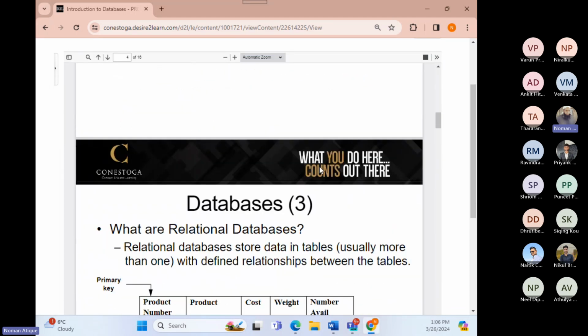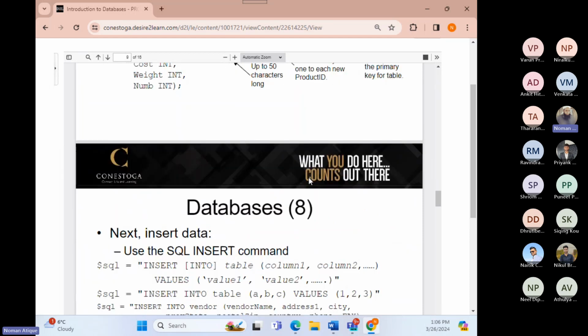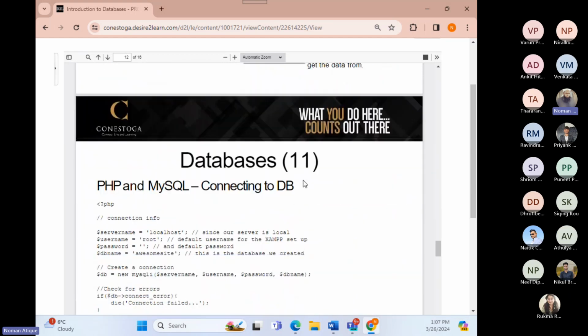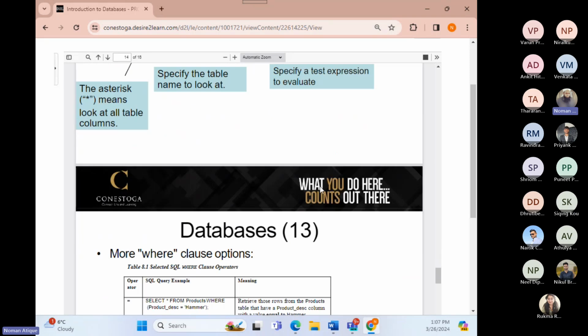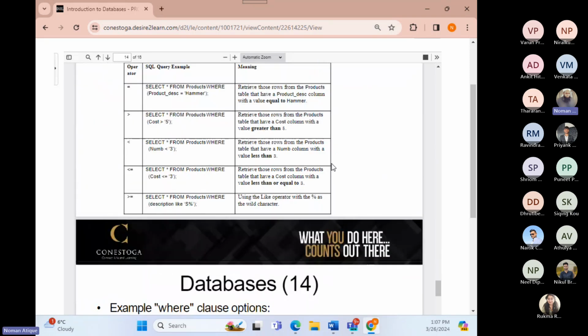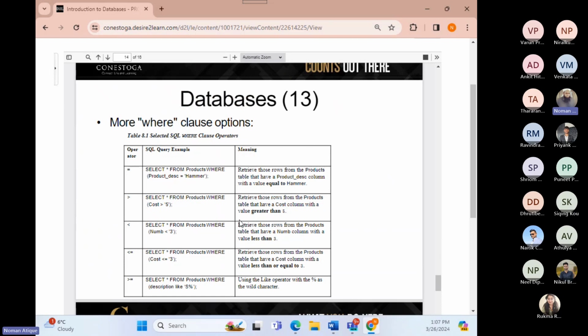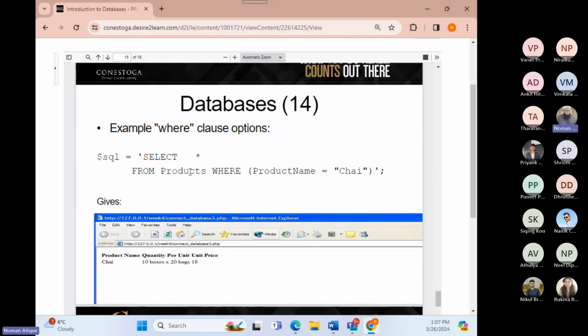So we started with MySQL and discussed MySQL databases, how to write queries on them, how to connect our PHP application with the databases. And we saw SQL queries, the queries that we can write, the where clause, which is something that we use for applying a condition on the queries.